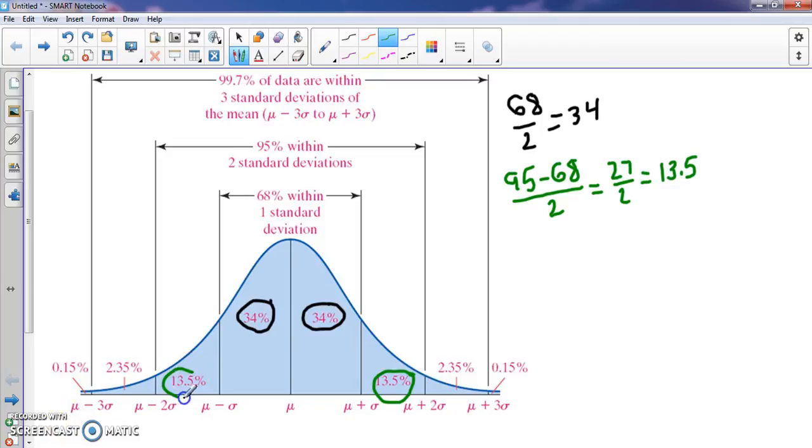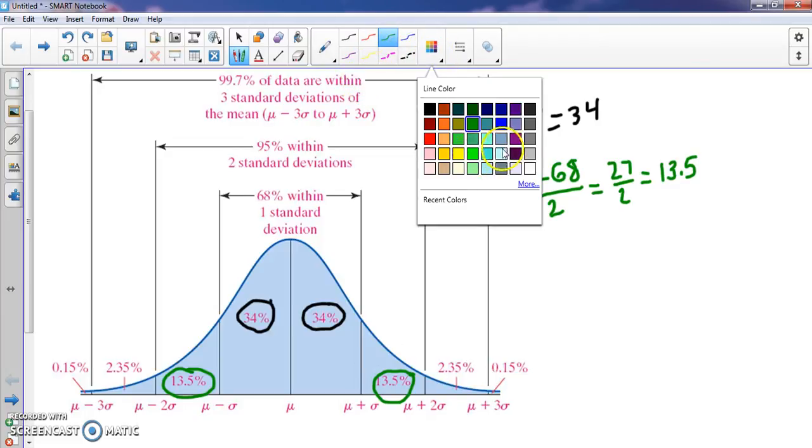So that's where our 13.5 comes from, here on both sides. So next, moving along, we want to look at where does the 2.35 come from. So again, same idea. So 99.7 minus 95 here. So change the color to something that we can see that's a little bit different.